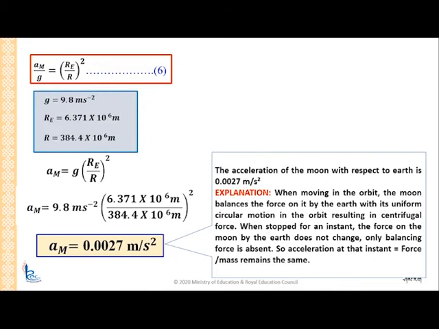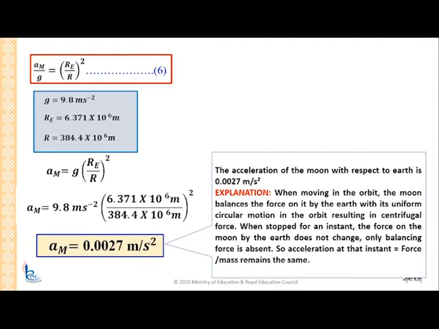So here, the force of attraction actually helps the moon to orbit around the earth, and the circular motion of the moon provides centrifugal force balancing the force of gravity between the earth and the moon, because of which the moon revolves around the earth without falling towards the earth. But here am is the acceleration that is imparted to the moon by the earth.